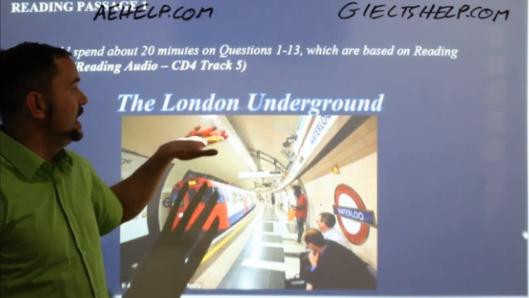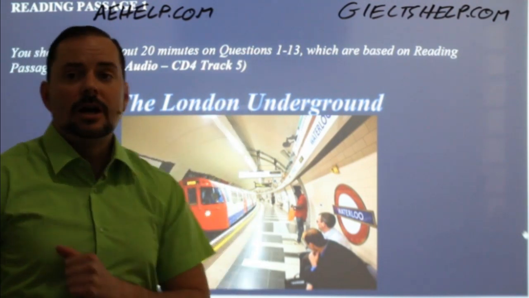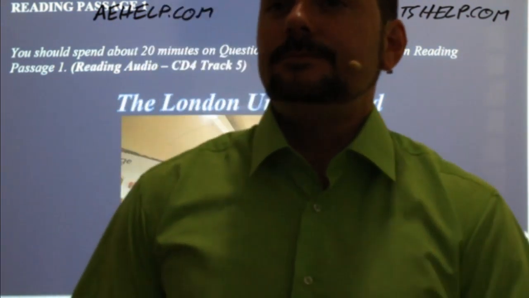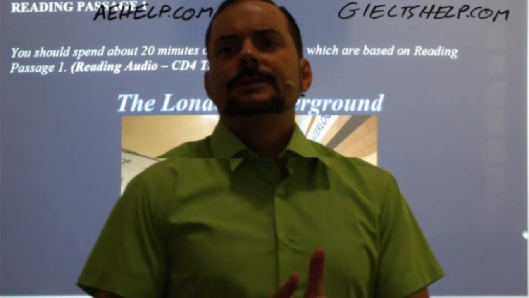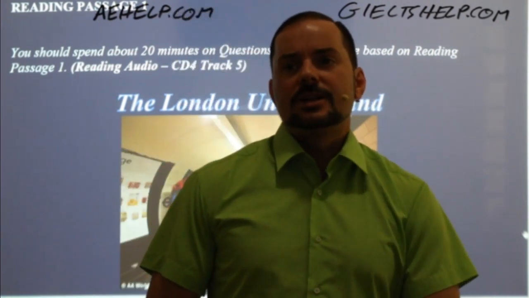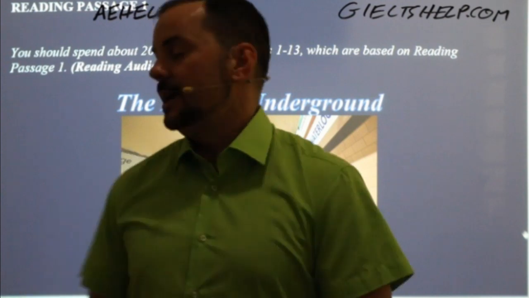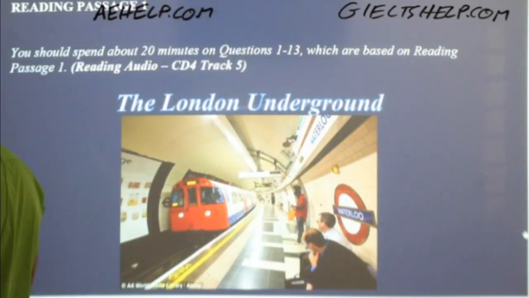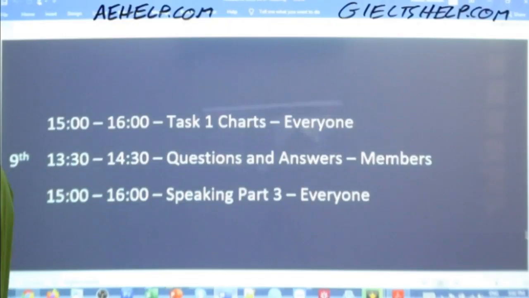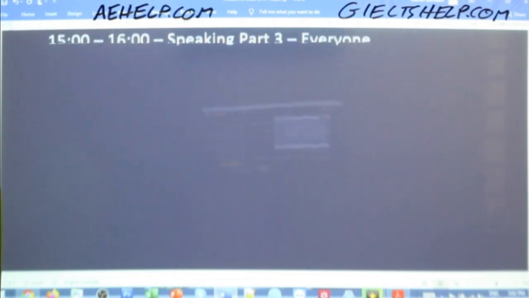So what is the London Underground? Look at the picture, think about it. Always think critically when you read the title. So that's my first tip here, students: in the reading section, read the title.